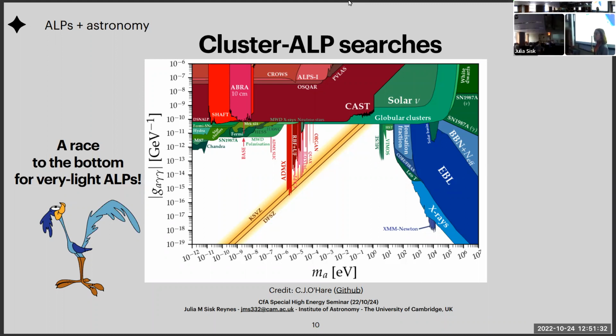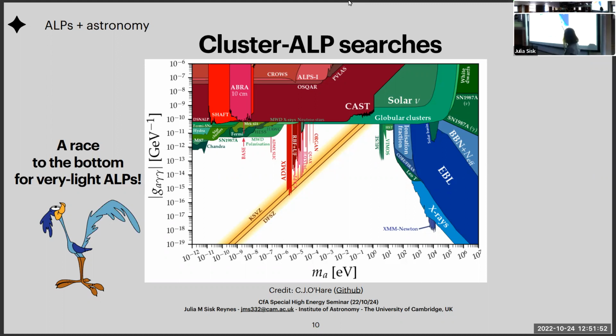Why are XMM-Newton and Chandra on opposite sides of the scale? Yeah, very good question. This study was not looking at the type of energy-dependent distortions that we're talking about here.